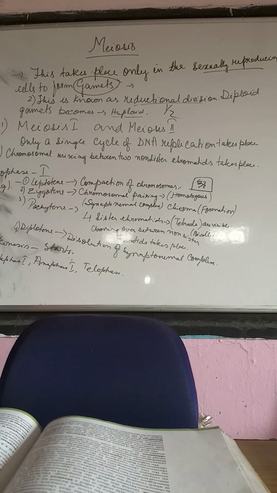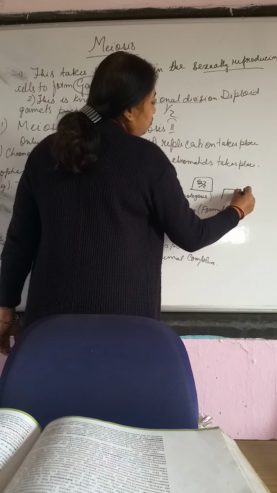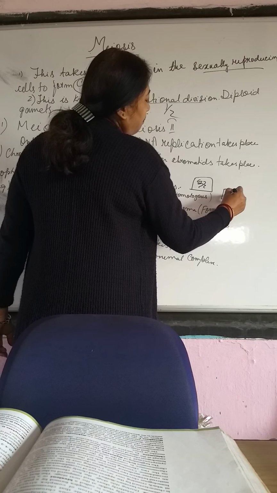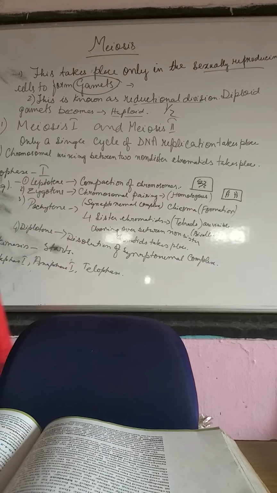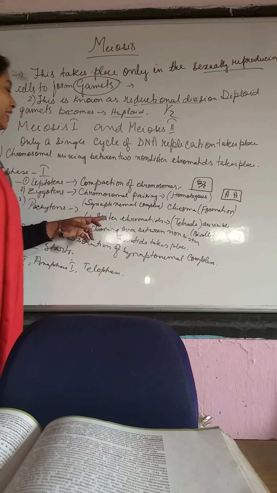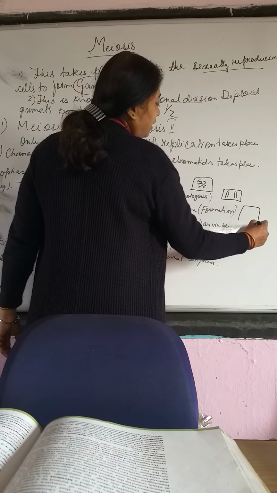Okay. Now you see, in zygotene the chromosomes start pairing. That means similar types of chromosomes start pairing. We call them homologous chromosomes, and they form a connection.